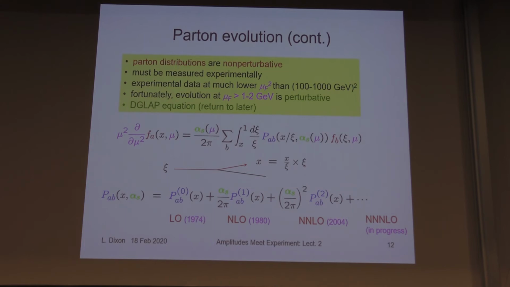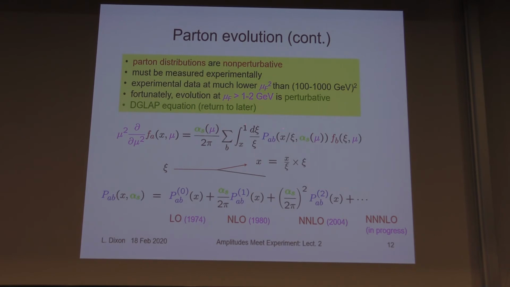So the effect at large scales mu can be described perturbatively, where a distribution function like a quark will have an evolution which is governed by other partons, could be the quarks, could also be gluons, that evolve into that parton through B evolving to A. So you have to kind of read it from right to left. And this P is a collinear splitting probability.